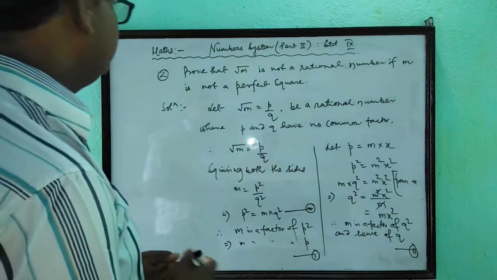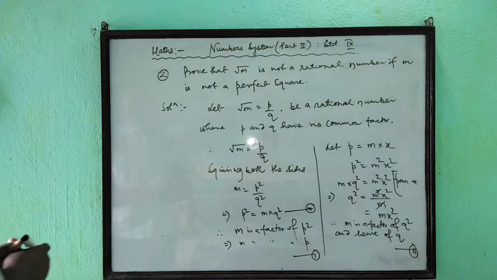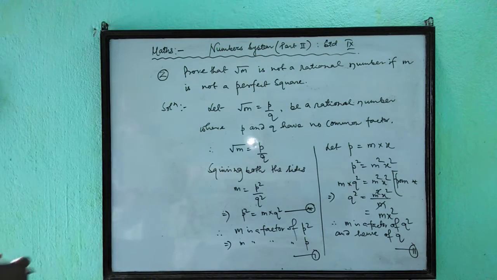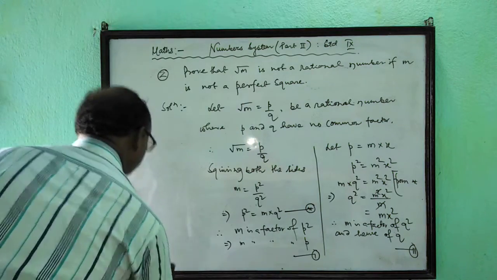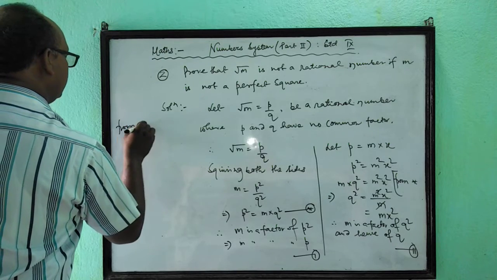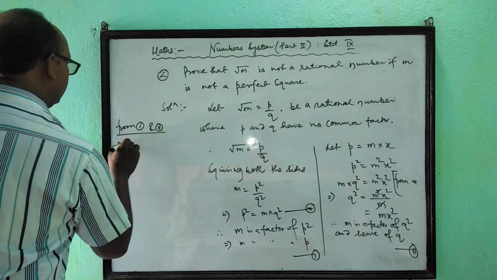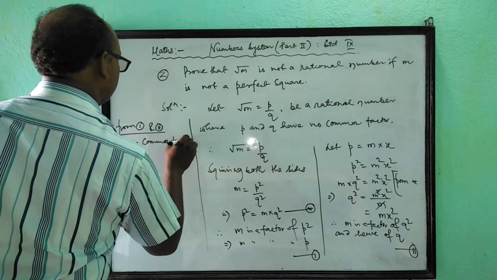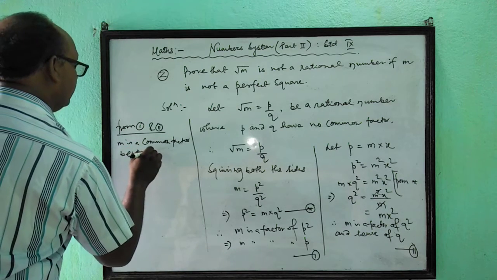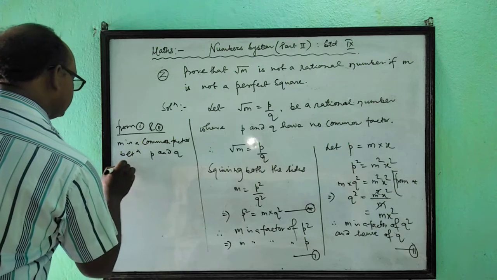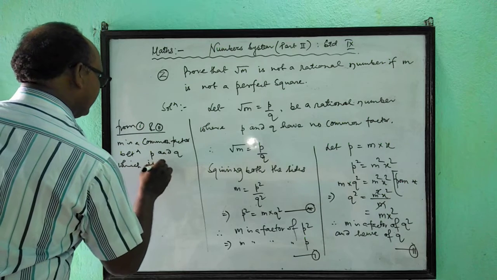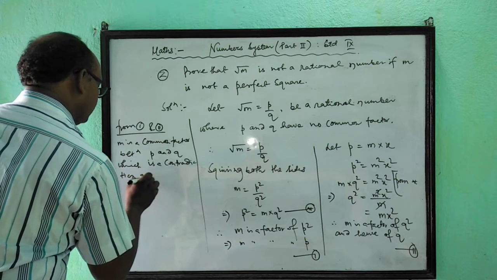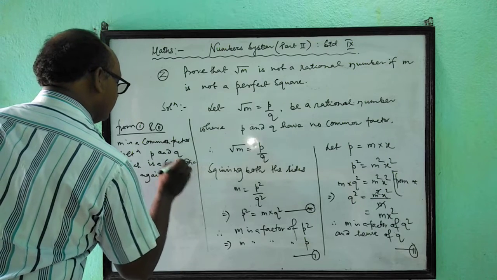That is why root m is not a rational number if m is not a perfect square. Hence proved.